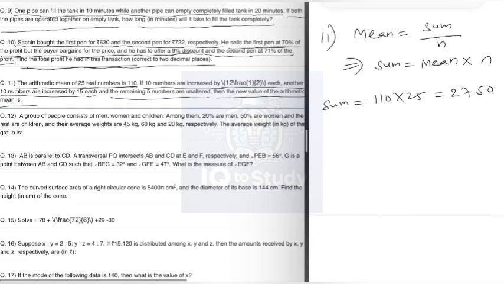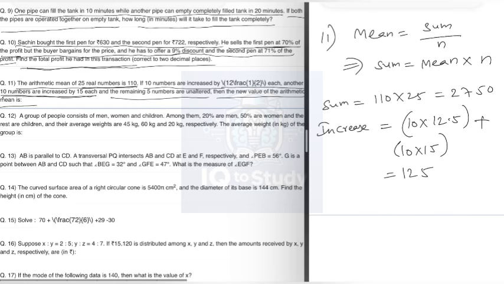And 10 numbers are increased by 12.5 each. So increase is equal to 10 into 12.5 plus another 10 numbers are increased by 15 each. So 10 into 15, which is equal to 125 plus 150, that is equal to 275.